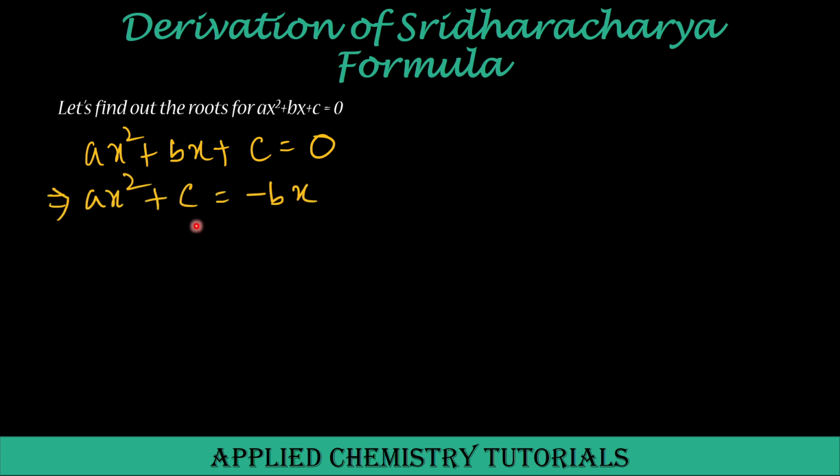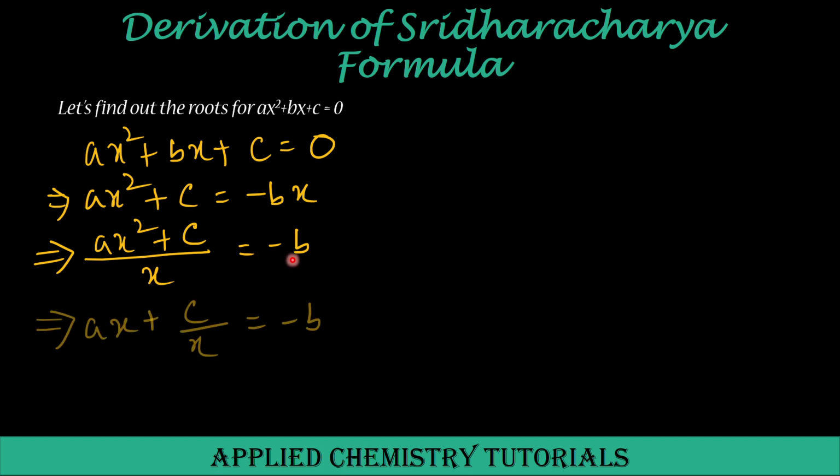So we can rewrite it as ax² + c = -bx. So we are subtracting bx from both sides. Now next we can divide both sides by x. So we can have (ax² + c)/x equals -b.